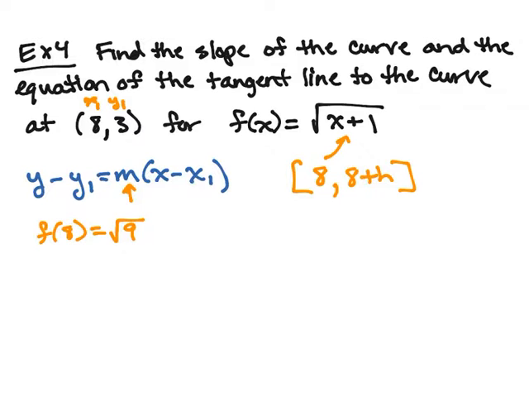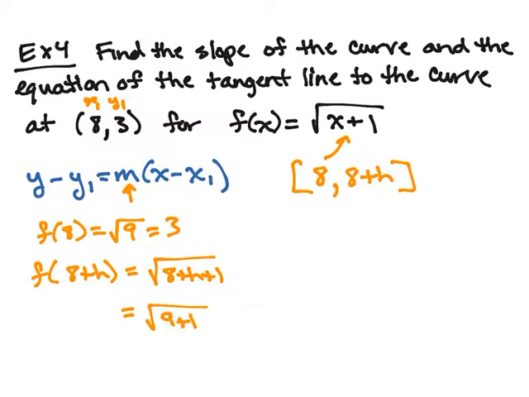Because I plugged 8 in here. 8 plus 1 is 9. Square root of 9 is 3. And then my f of 8 plus h is 8 plus h plus 1. So I get the square root of 9 plus h. So for my difference quotient, I get my f of 8 plus h, so that's the square root of 9 plus h, minus 3 over h.